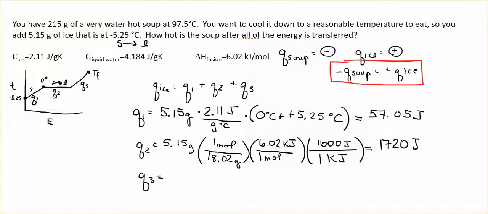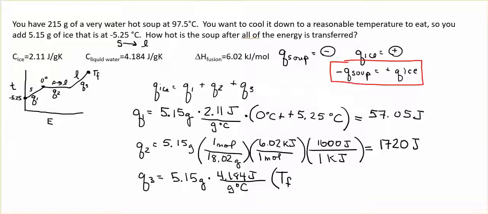Q3 then is our last ramp. Ramps are Q equals MC delta T. M is still 5.15 grams. The specific heat capacity, the phase we're in on this ramp is that we're a liquid. So we're going to use the specific heat capacity of liquid water, which is 4.184 joules per gram degree Kelvin or gram degree Celsius in this case. Doesn't matter because we're using a delta. T final, that's what we're looking for.